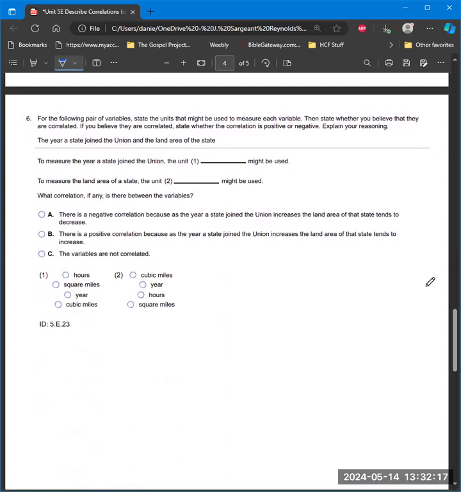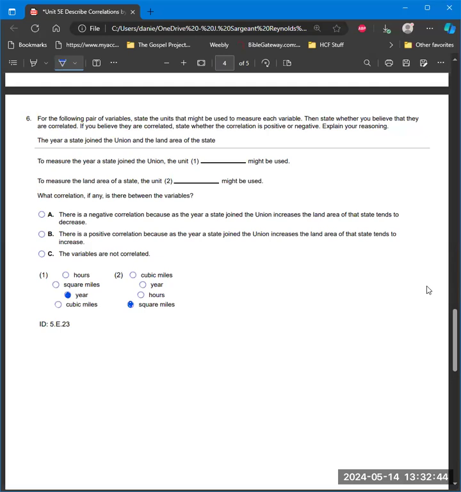And now let's look at the year a state joined the Union and the land area of the state. To measure the year that the state joined the Union, we would use the year. To measure the land area of the state, we would use square miles.